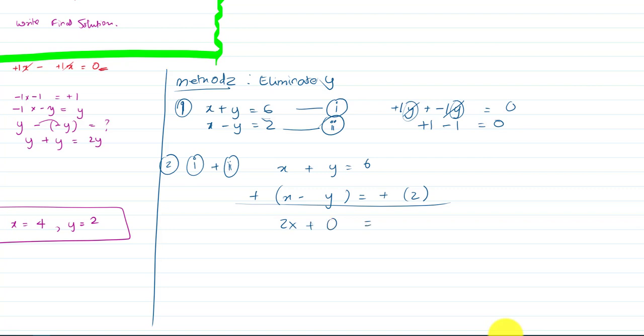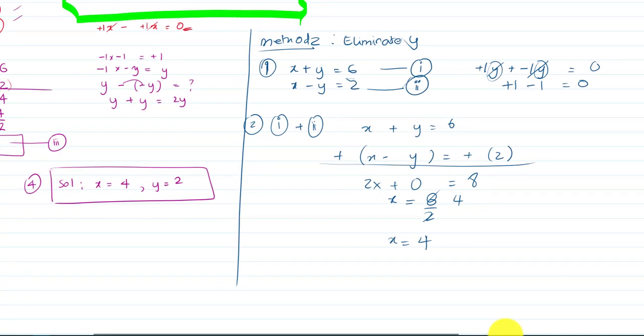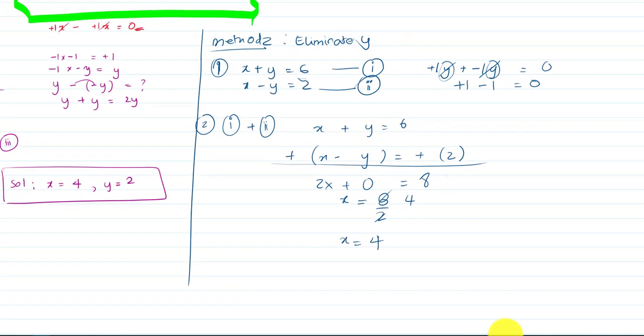And 6 plus 2 is 8. So x is now 8 over 2. You have 4 here, so x is equal to 4. Isn't this the same as the previous solution? Yeah, absolutely.